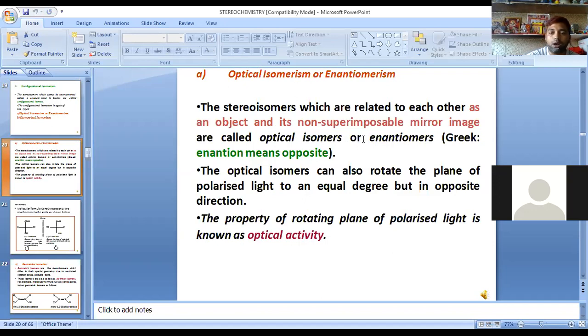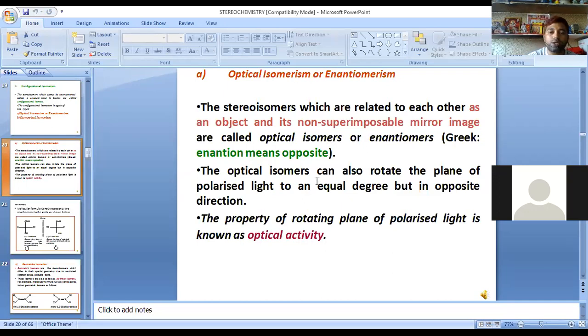So what are enantiomers? Enantiomers are non-superimposable mirror images.